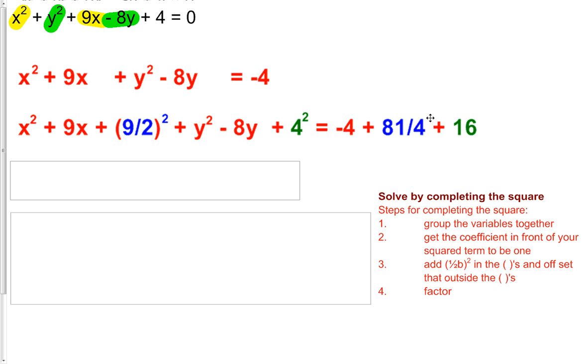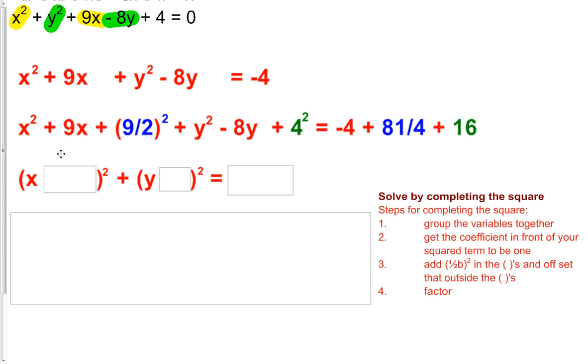Finally, we need to simplify our right side and complete the square on the two sections on the left. Since our lead coefficient was 1, we are all good to go there. It's going to be x plus half of our b term, so that's going to be 9 halves, so x plus 9 halves. And if we FOILed this out, x squared plus 9x plus 9 halves squared, we would end up with what we have here.